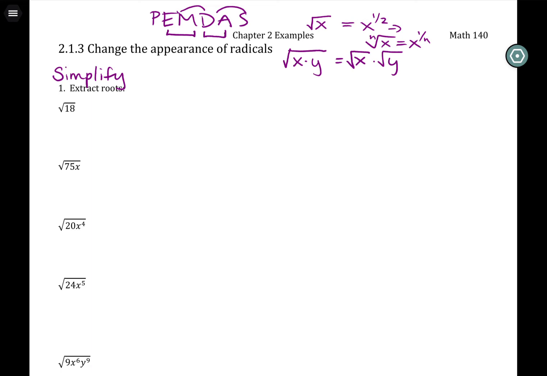Because if you write it in exponent form, you all of a sudden have all your exponent properties open to you, which really this product property is just our exponent property that says if you raise x times y to a power, it's the same thing as raising x to the power, raising y to the power, and multiplying after the fact. So it's basically allowing you to rearrange order of operations.